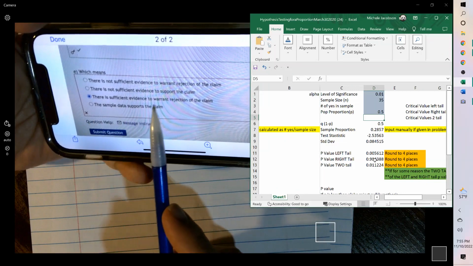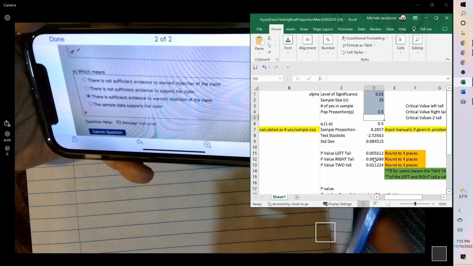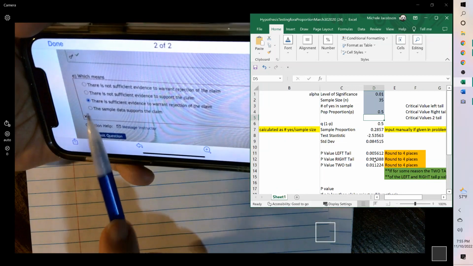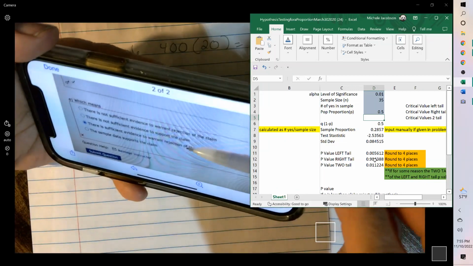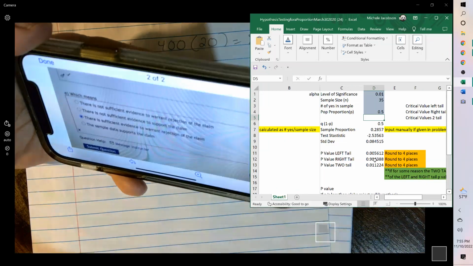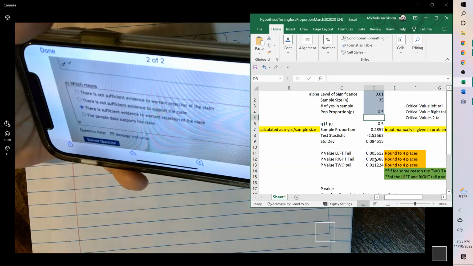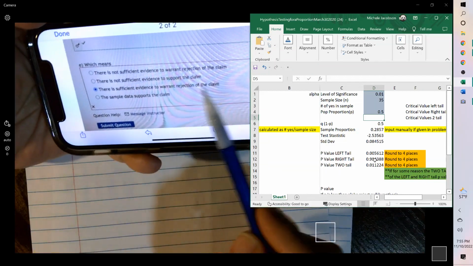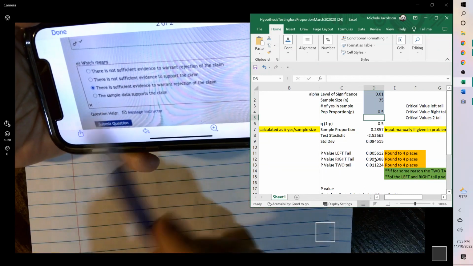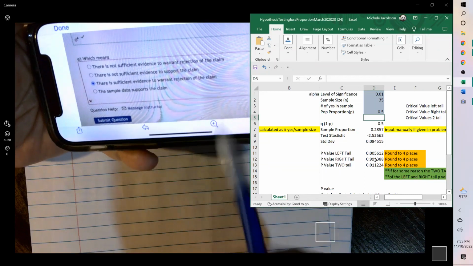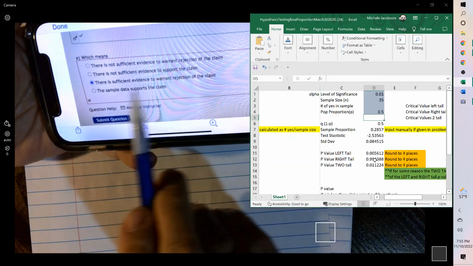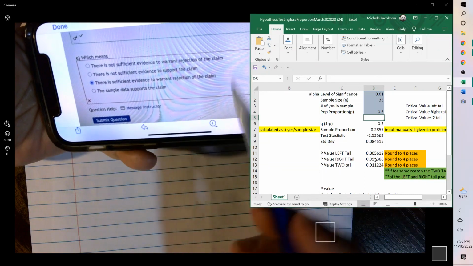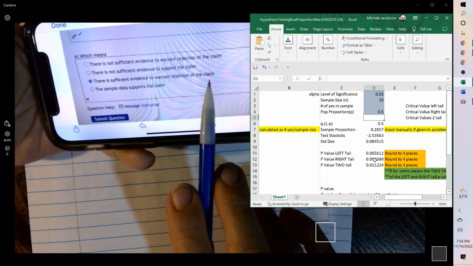There's sufficient evidence to warrant the rejection of the claim. Or wait, not the claim, to support the claim. Wait a minute. Oh yeah, the claim was that it was equal to. So to reject the claim, no, that's why it's not right on this one. There's sufficient evidence to reject the null hypothesis and accept the claim.